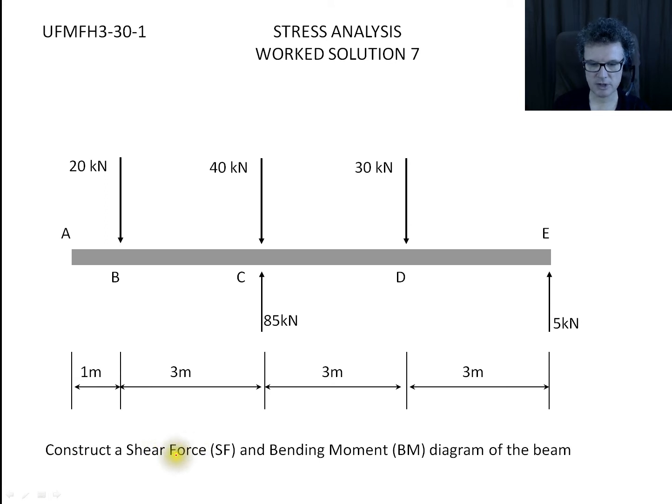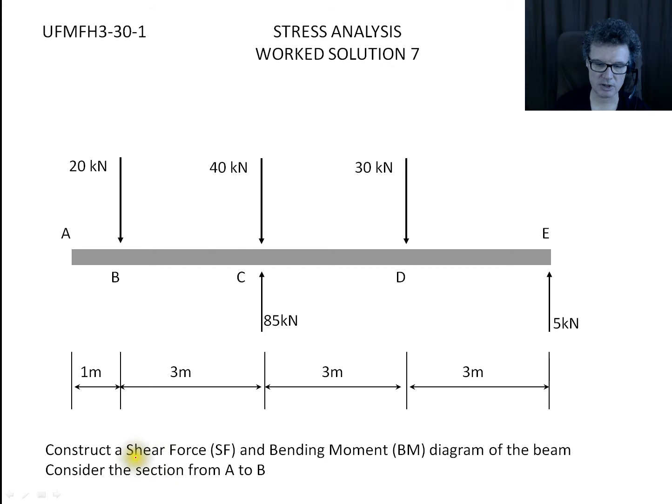So we're going to construct a shear force diagram and a bending moment diagram from this beam problem. First, we're going to do it slightly differently to how I did it in the lecture.